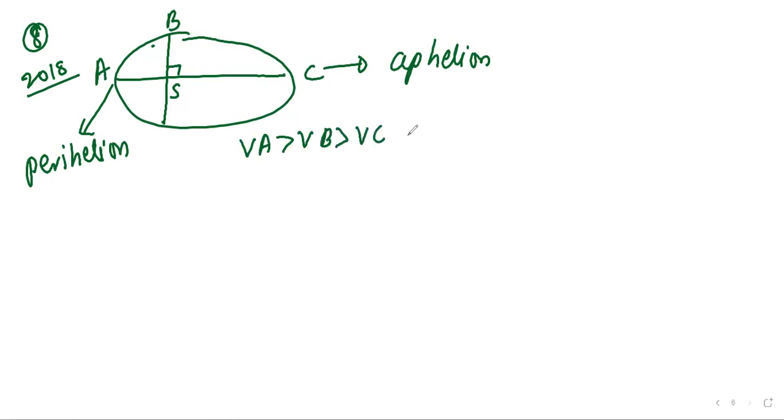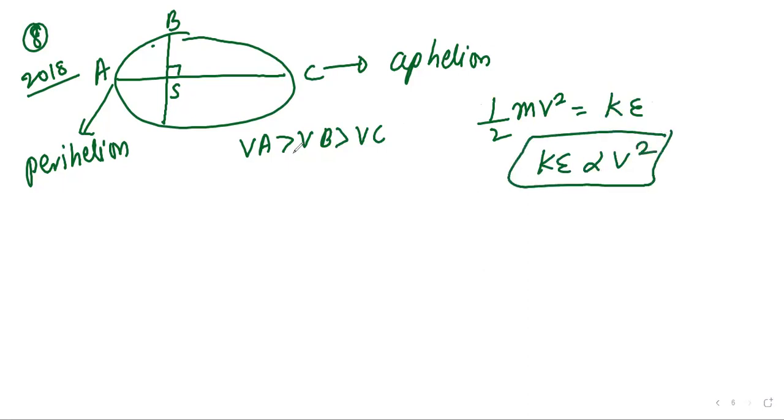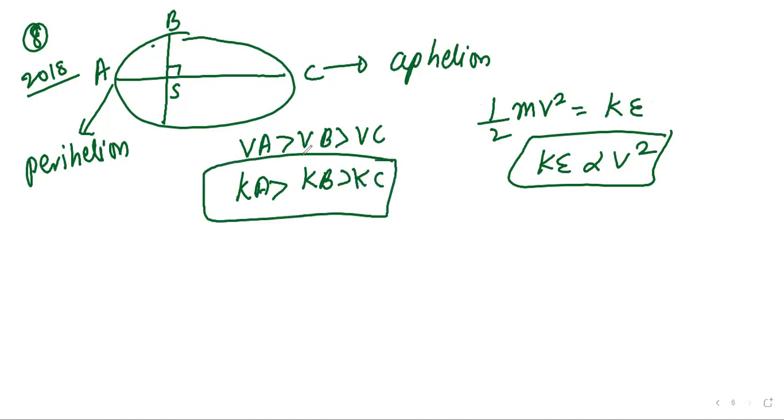As we know, kinetic energy is 1 upon 2 mv square, so kinetic energy is directly proportional to velocity square. Whose velocity is more, its kinetic energy is also more. So KA is greater than KB, which is greater than KC. This is the relation between them.